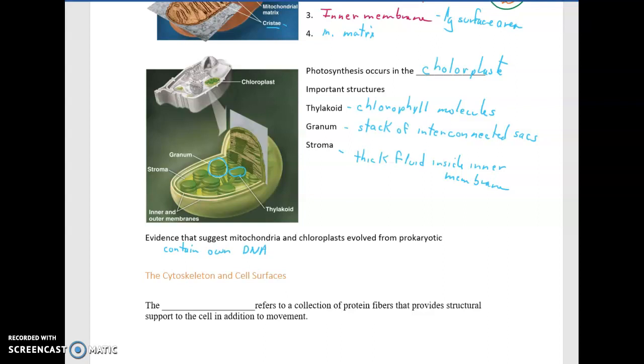And it's very similar to prokaryotic DNA. The ribosomes that are found in mitochondria and chloroplasts are similar to prokaryotic ribosomes. And the mitochondria and chloroplasts reproduce in a process that resembles prokaryotic reproduction.